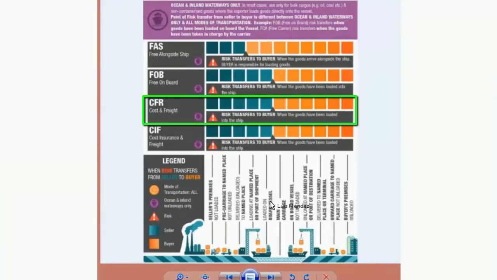The risk transfer happens when the goods have been loaded into the ship, so it is the same as FOB. Then we have the CIF, that is cost, insurance, and freight. And also the risk transfer happens when the goods have been loaded into the ship, the vessel, here in the graphic.